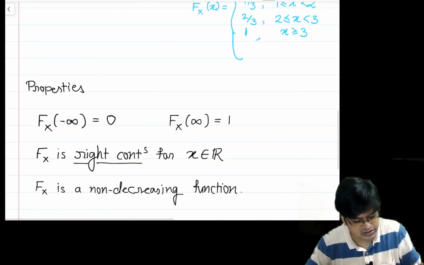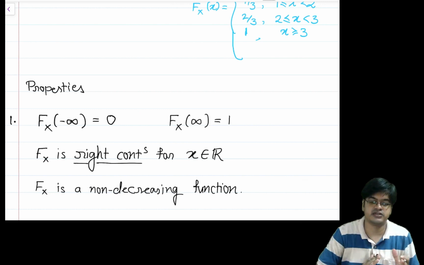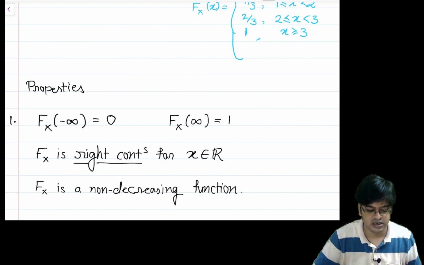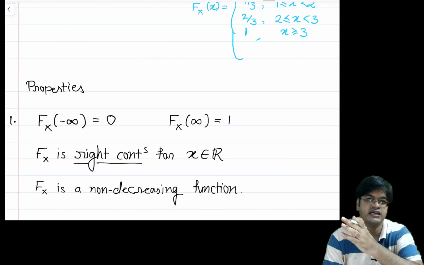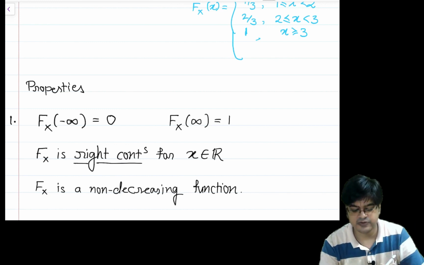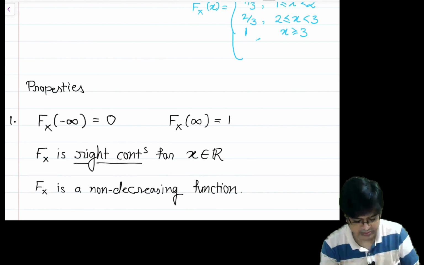So I have mentioned three properties. One, F_X of minus infinity is going to be 0, and F_X of infinity is going to be 1, because F_X of minus infinity says the probability of X less than minus infinity, which will always be 0, and F_X of infinity says the probability of X less than infinity, which is the entire real line, therefore it will be 1.